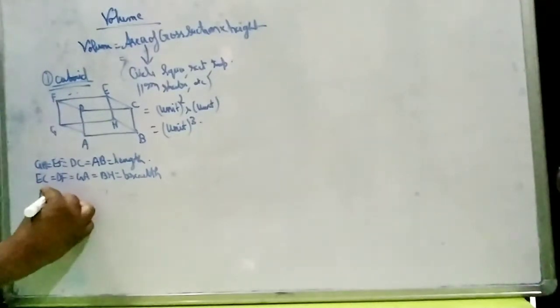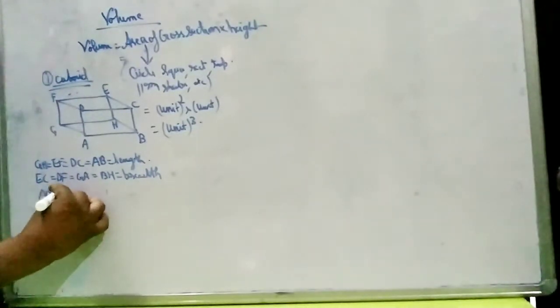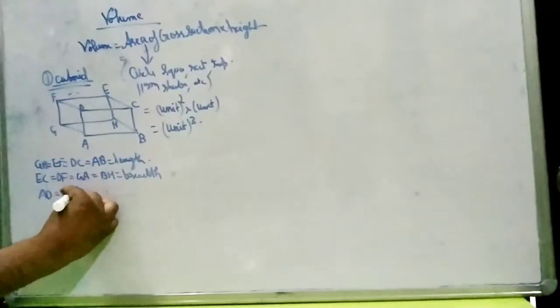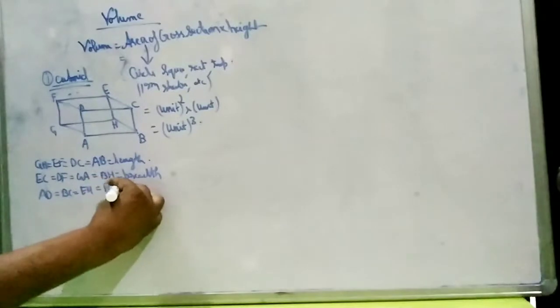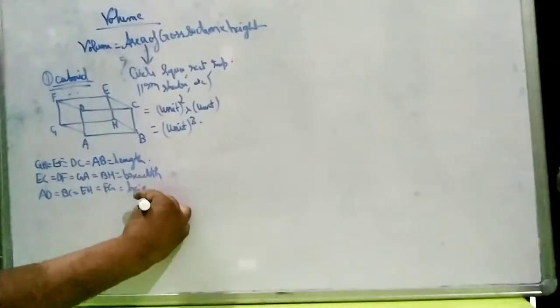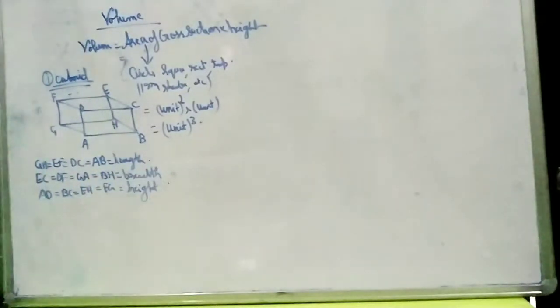AD is equal to BC is equal to EH is equal to FG, representing the height. So, this is the figure.